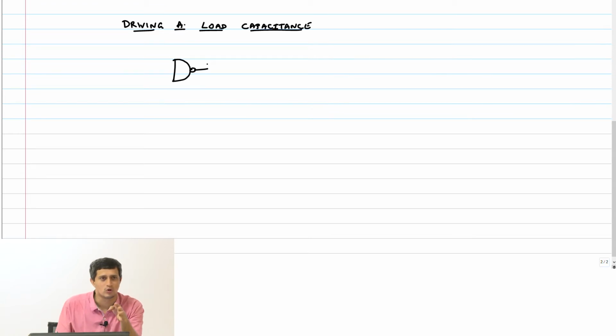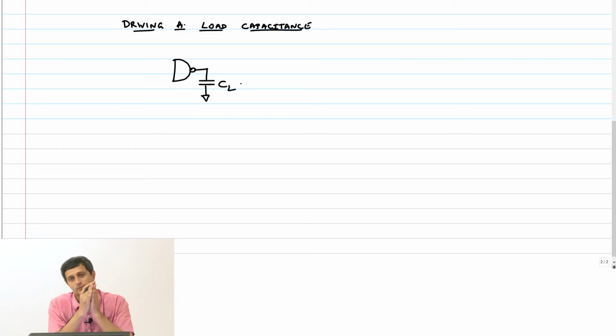Of course, there are its own parasitic capacitances, but I now want to drive a fixed load capacitance CL. And then I want to see how the delay equation changes. Because this is the most realistic scenario that you are going to encounter. The gate is driving another gate, and therefore there is an external load capacitance which is fixed.